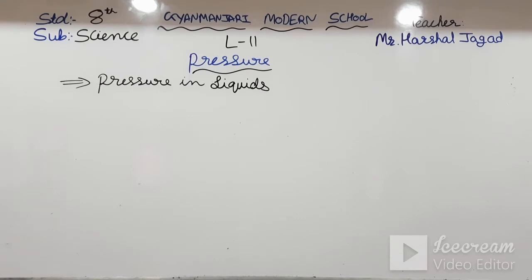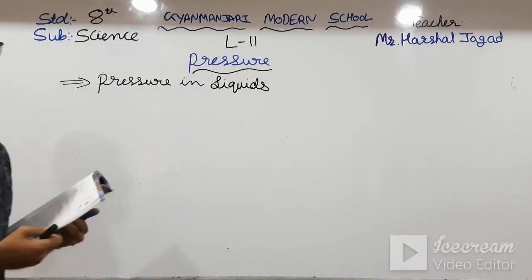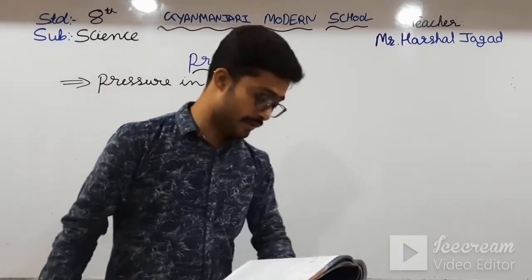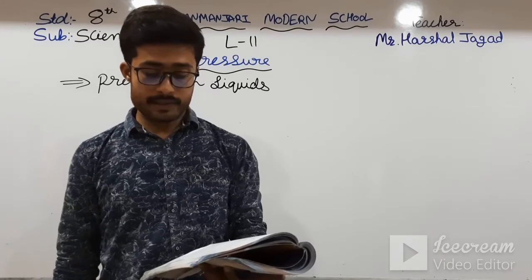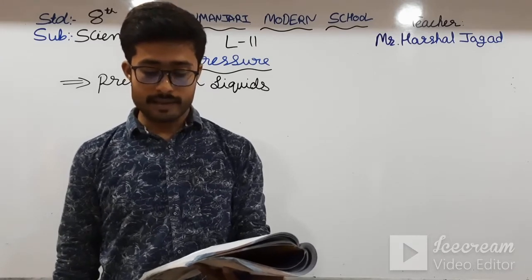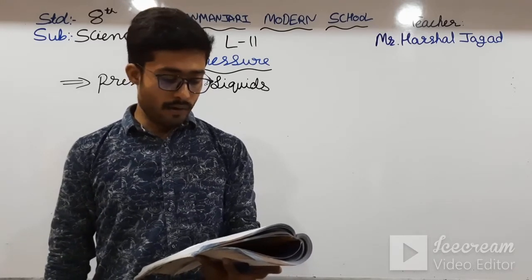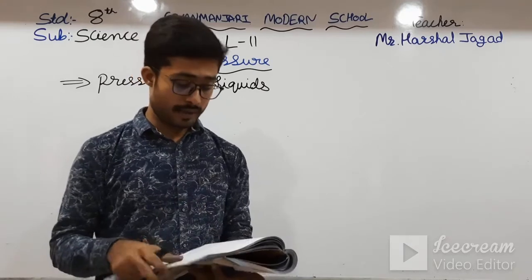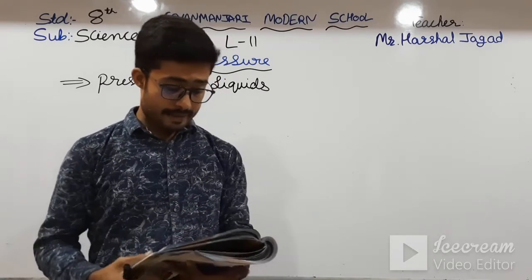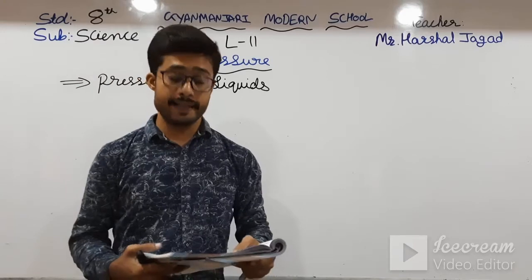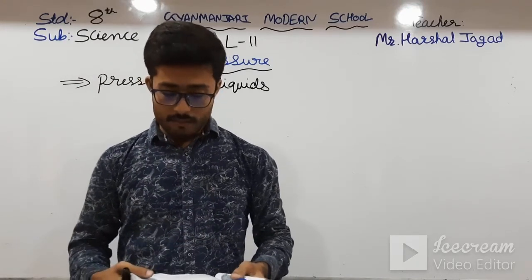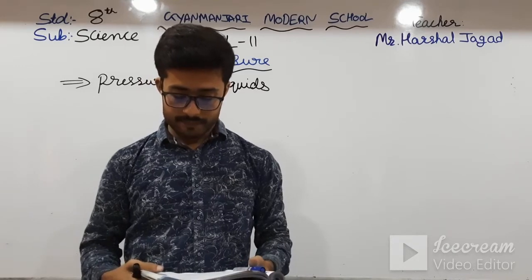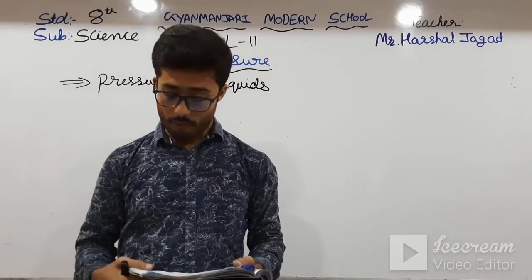Here there is an activity about pressure in liquid. Let us first see that. See here students, activity to show that water exerts a pressure on the container that holds it and on all objects immersed in it. The material needed: a rubber balloon, water tap, bucket of water, and an empty plastic water bottle.